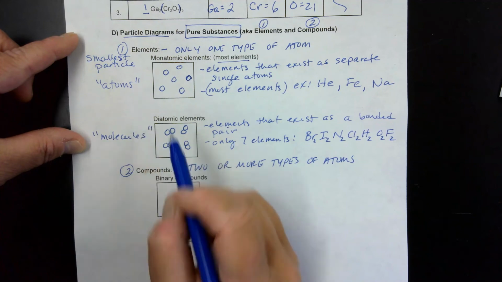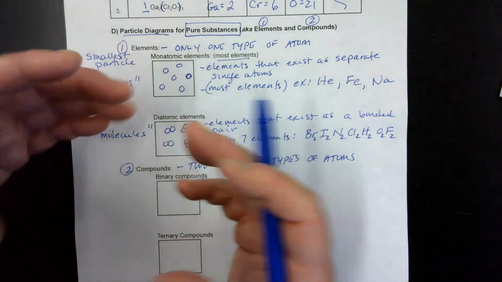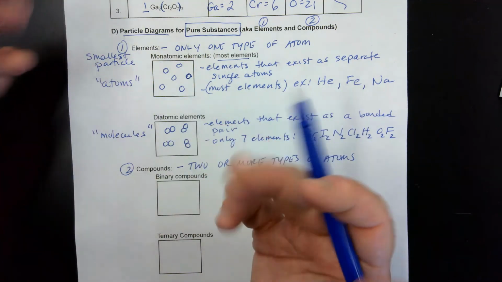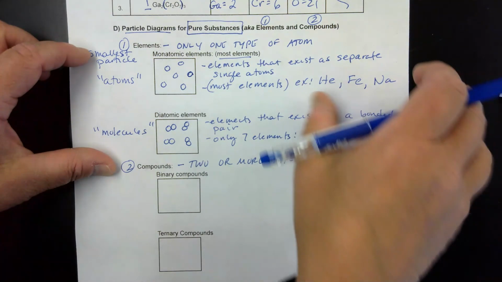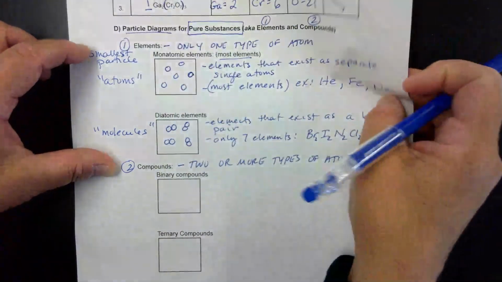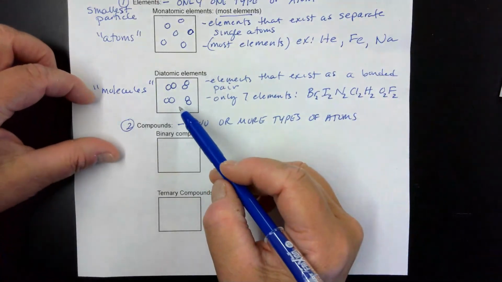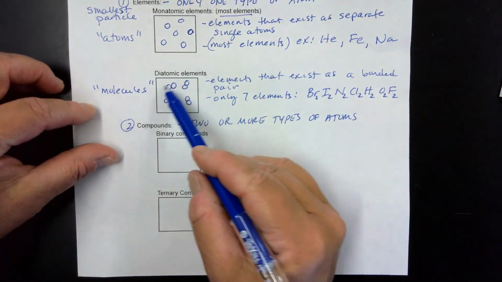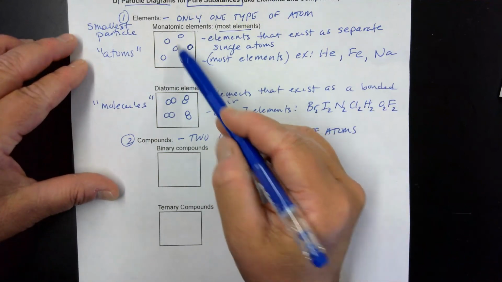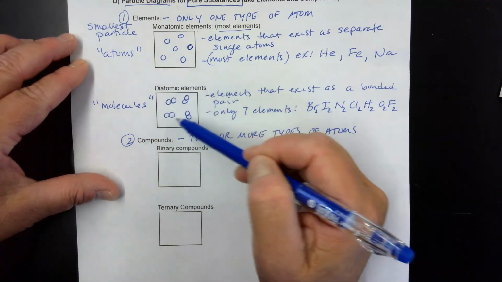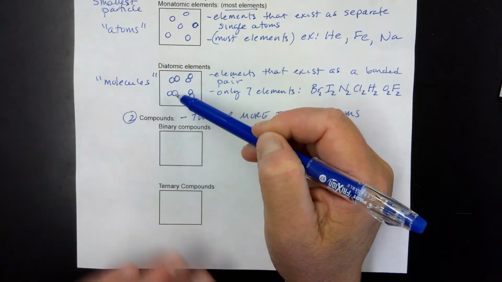Remembering that molecules are when you have 2 atoms stuck together in a bonded arrangement. In this case, they happen to be the same element, and that's okay, right? But the fact that there's 2 atoms stuck together chemically is why we will call that particle a molecule. There's 4 molecules in this sample. Up here we have 1, 2, 3, we have 6 individual atoms. Here we have 4 molecules, each molecule consisting of 2 atoms.